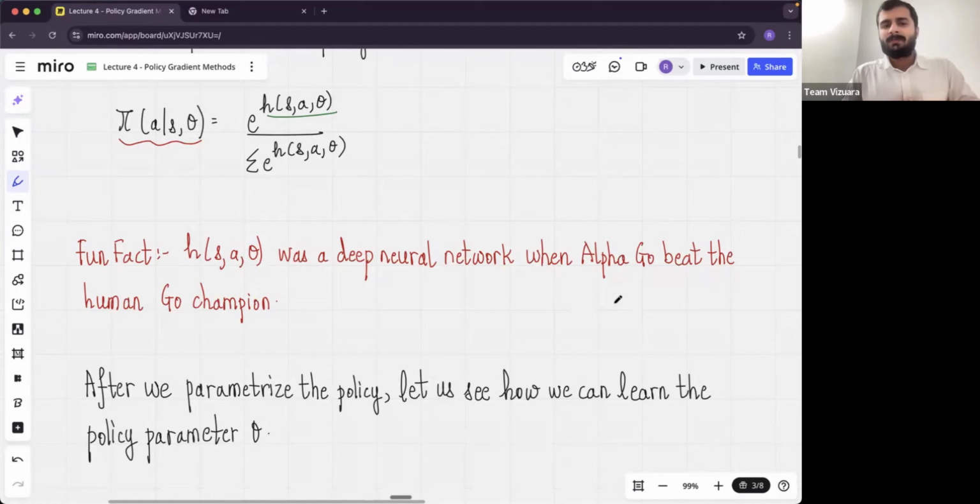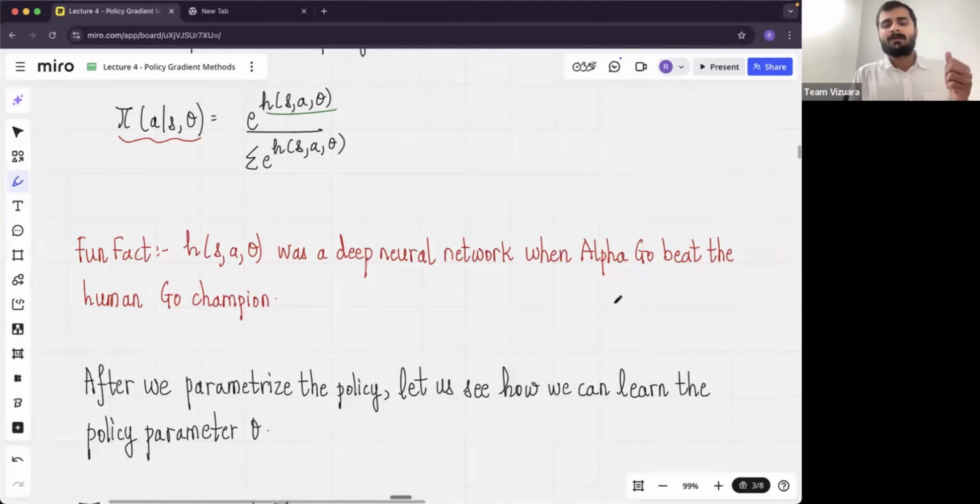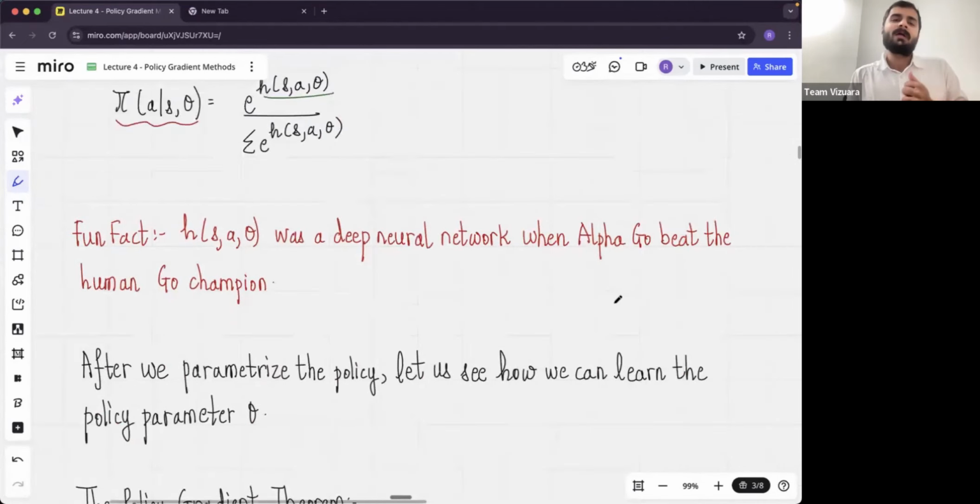To answer this question, people said that you want to find the parameter theta in your policy, or you want to optimize the parameters of your policy to achieve some performance measure. So people started to think, what is the performance measure that I want to optimize?